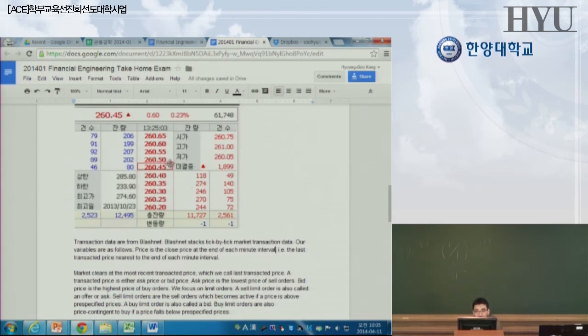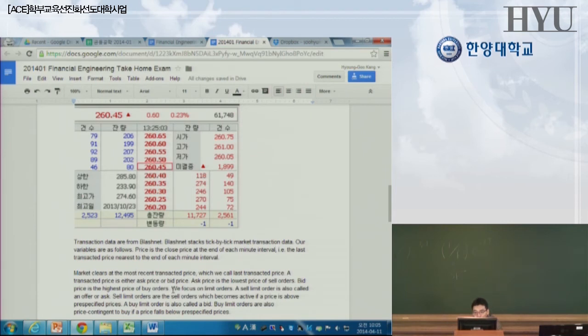We have sell orders like this, and this is the lowest, therefore it is called the ask price. Bid price is the highest price of the buy orders. Among the buy orders, this is the highest, 260.40, and this is called the bid price.